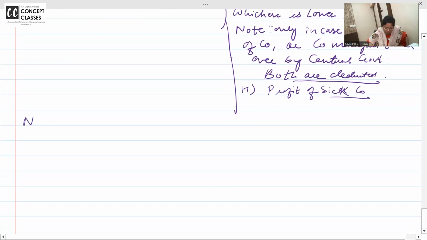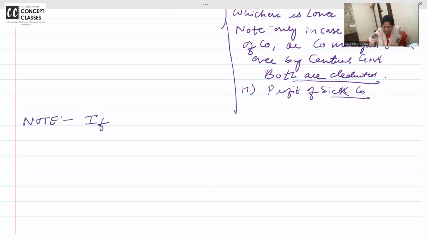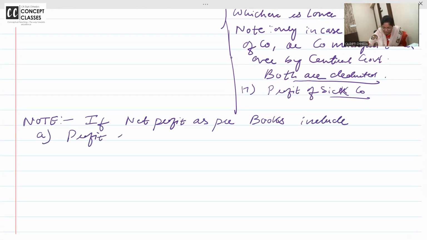And now I want all of you to write one note. If net profit as per books includes number 1, profit of SEZ. You remember SEZ gets section 10AA exemption, you will not get all that here.